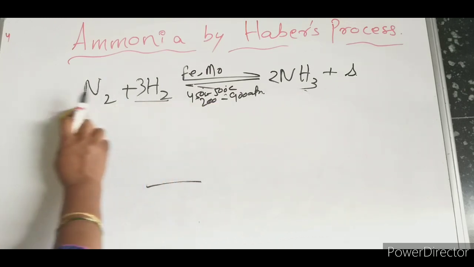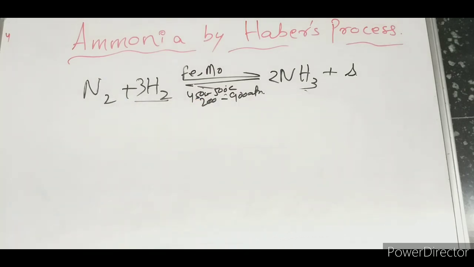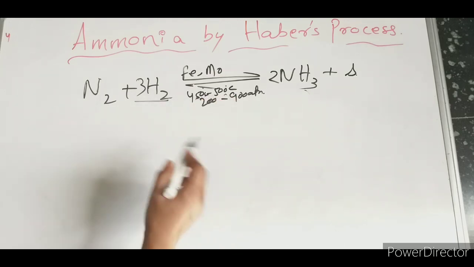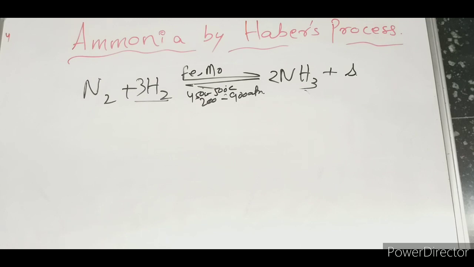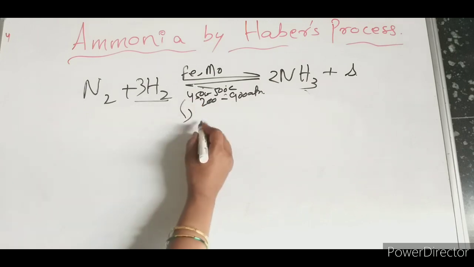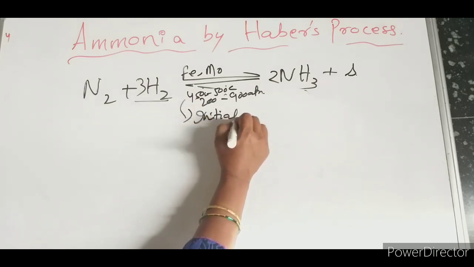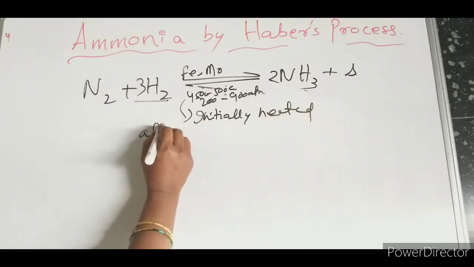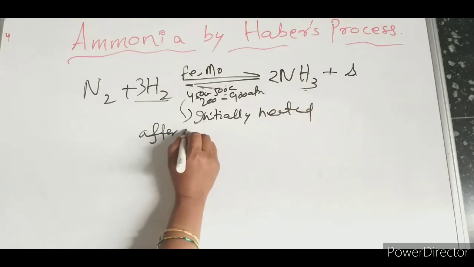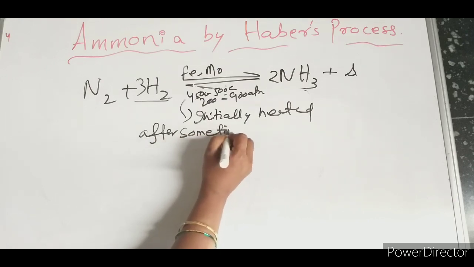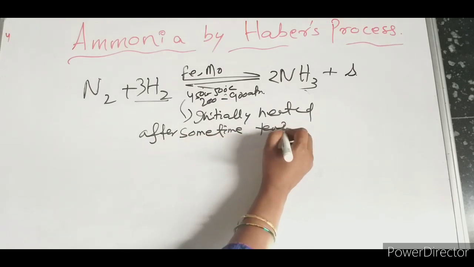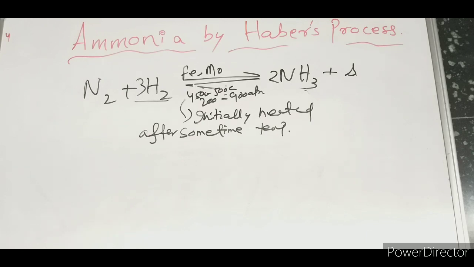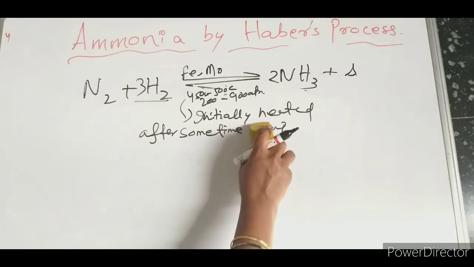So first of all, initially this temperature is given. Initially this one is heated outside. Afterwards this temperature we have to withdraw. Why? Because it is exothermic in nature. So here I am writing: initially heated. And after some time, how will the temperature be maintained?